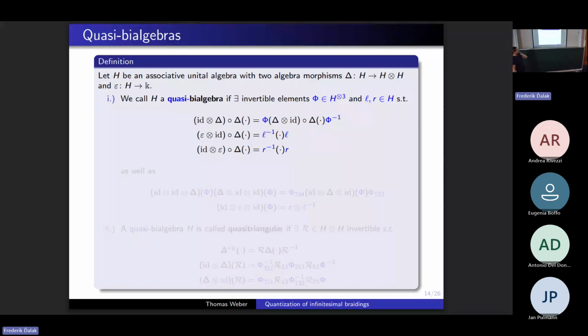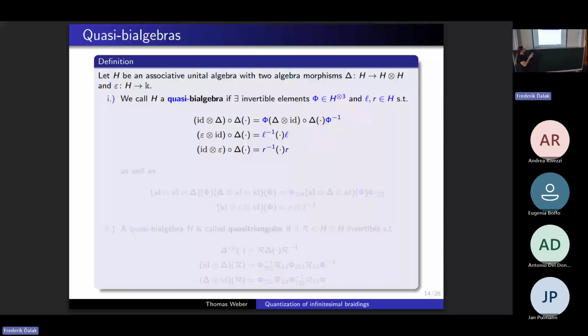So you call this a quasi-bialgebra if you find an invertible element phi, this re-associator, and invertible elements L and R in H, such that these formulas hold. And on this slide, and also on the following, if you blend out the blue part, you will get the usual definitions that you're used to, what usually is just a bialgebra.